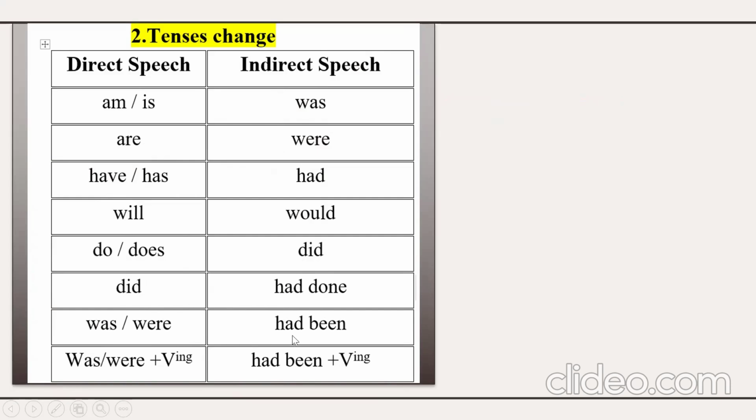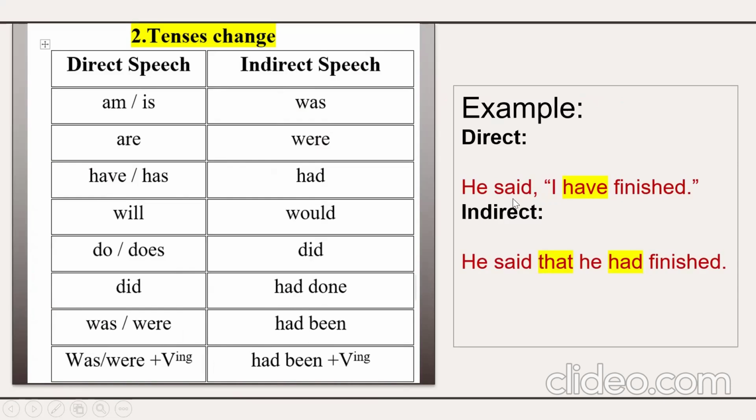Was or were will become had been. Was or were plus verb-ing, had been plus verb-ing. He was working, so he had been working, right? He was working, he had been working. So this is how you need to change the direct to indirect speech as far as the tenses are concerned.